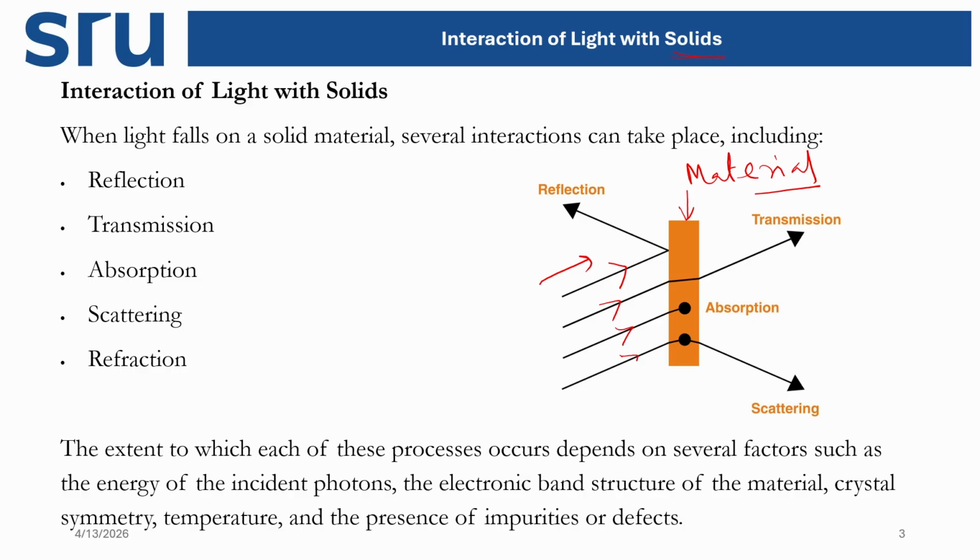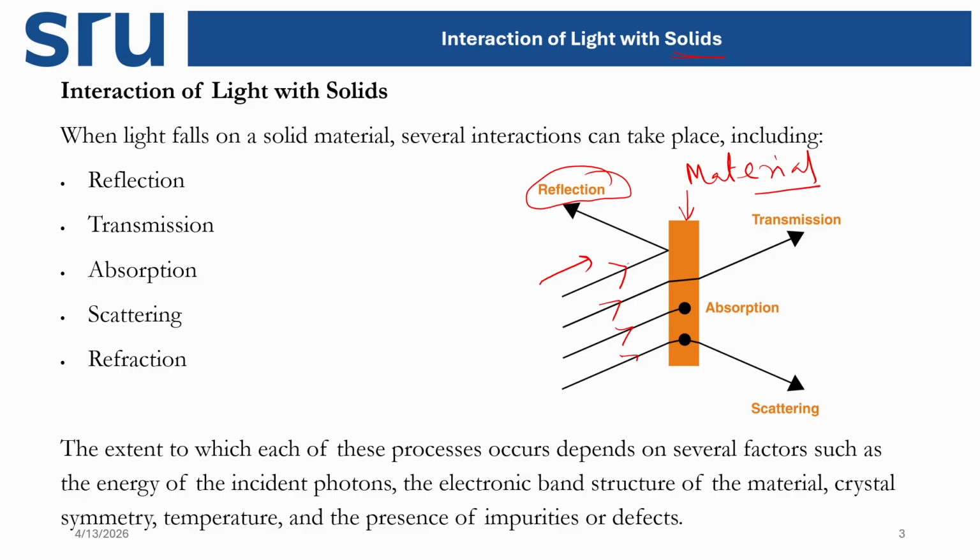The first process that can take place is that the light comes and is totally reflected, or bounces back from the material surface. That process we call reflection. Reflection means completely bouncing back from the material surface.